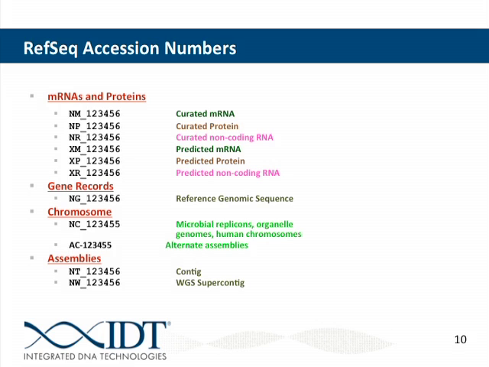Then the genomic sequences are denoted with the NG accession. Chromosome, so microbial replicons, organelle genomes, human chromosomes will have the NC designation, followed by their unique number. And then alternate assemblies will have an AC. And then we have the big contigs and big assemblies, which have NT or NW. So in most cases, when you're designing your qPCR assays, you'll want to look for these NM sequences in the database.